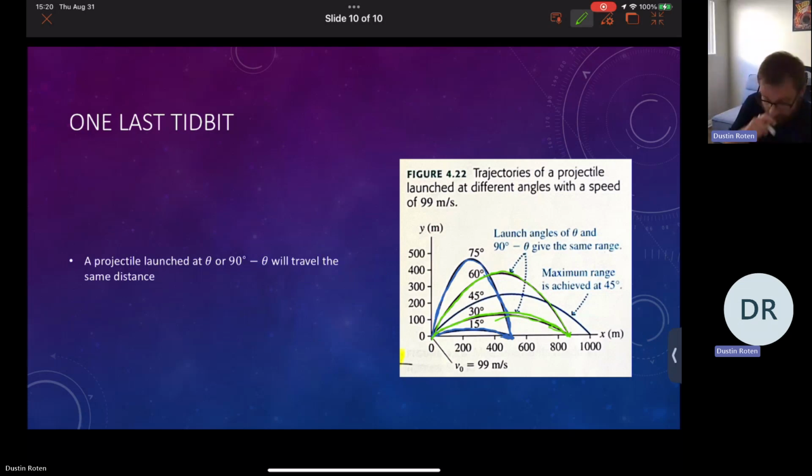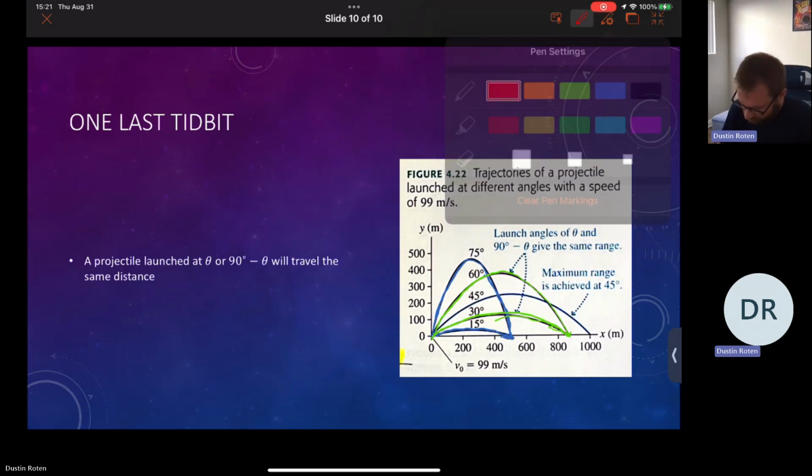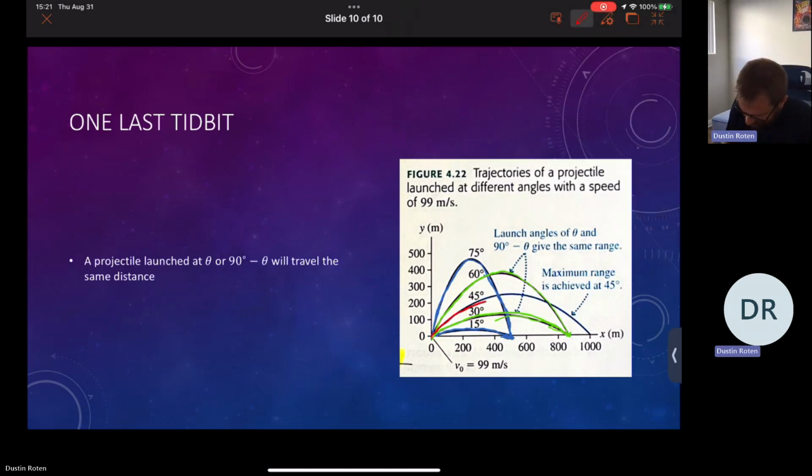So it turns out that another thing you should keep in mind: if your starting point and your ending point for a projectile motion problem are the same, 45 degrees will always give you your maximum distance every time.